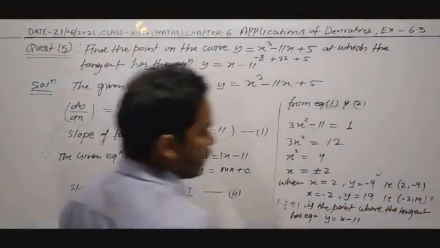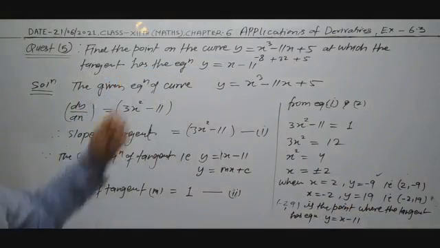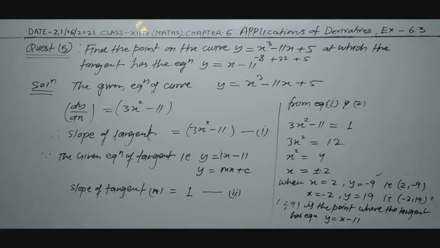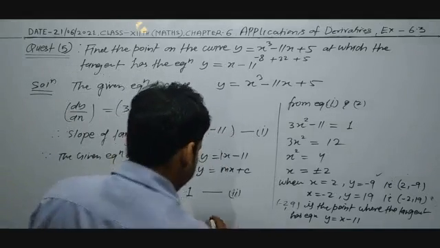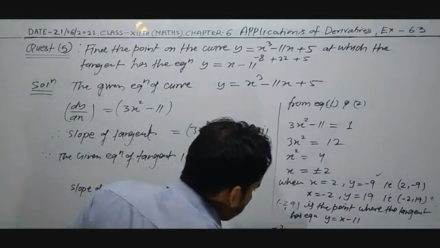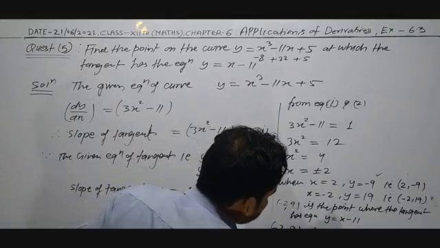So minus 2 comma 19 is not the point where the tangent is y is equal to x minus 11. So 2 comma minus 9 is the answer.